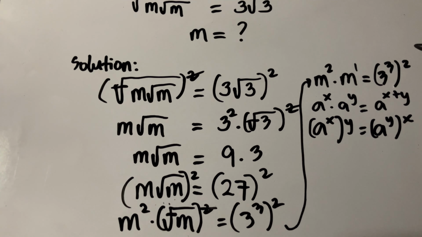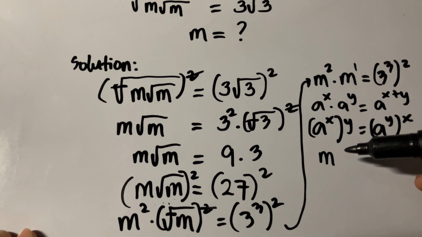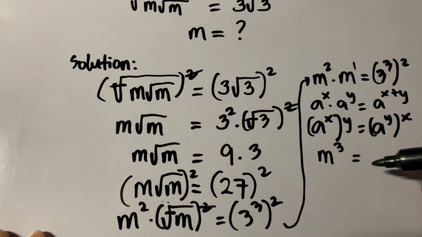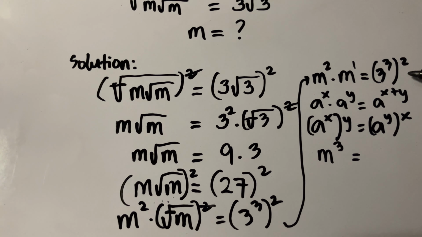So for this, let's apply the first rule, m squared times m to the power of 1, that is now m to the power of 2 plus 1, that is 3, then equals, for this, let's apply the second rule, that is, we can interchange the power. So this is 3 squared whole to the power of 3.